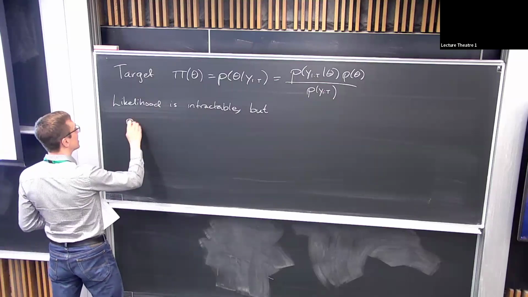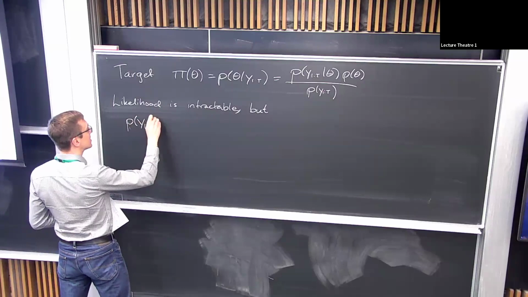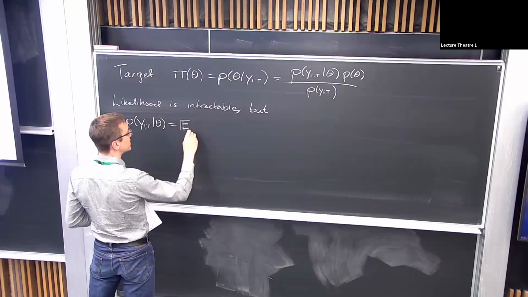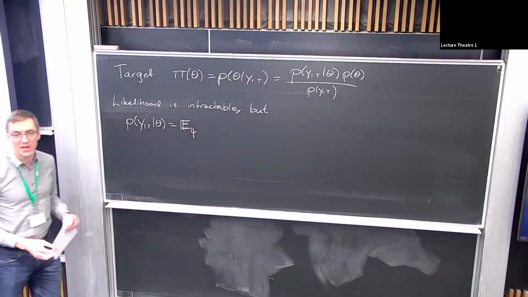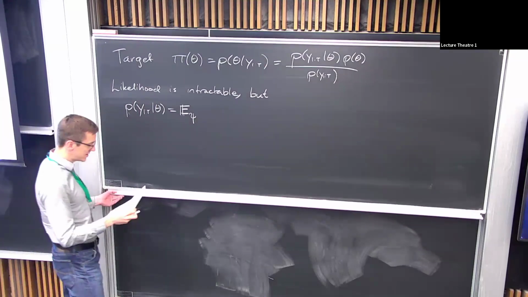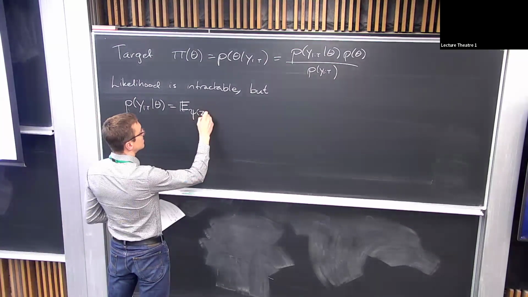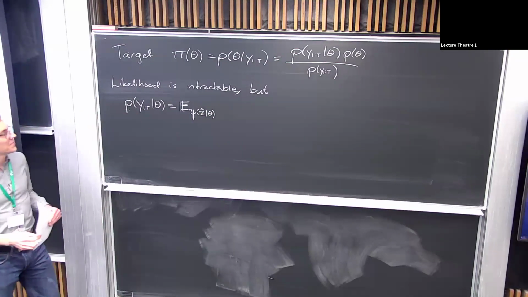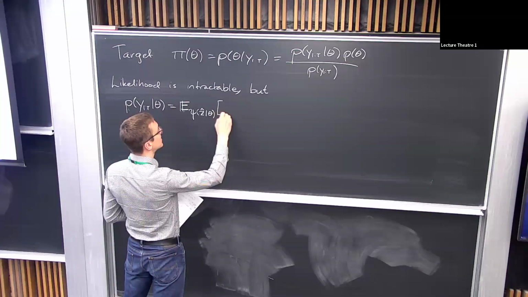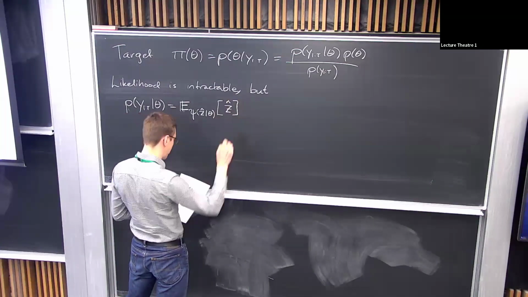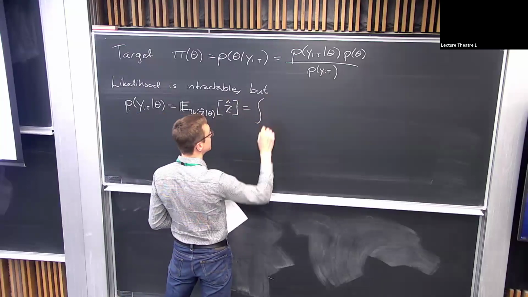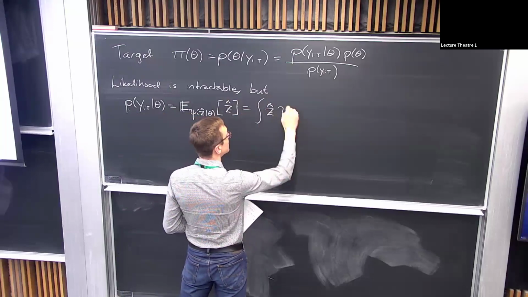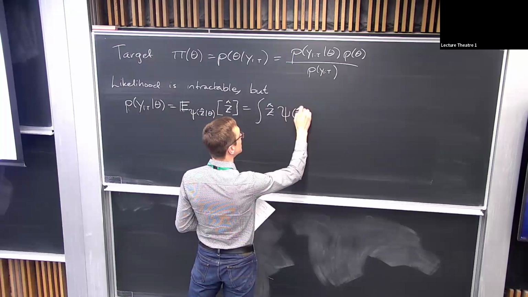We can write this likelihood, an intractable term, p of y1 to T given theta, as an expected value with respect to this psi distribution, the distribution defined or induced by the particle filter, of z hat. I'm just writing this out as an integral. We get the integral over z hat psi of z hat.